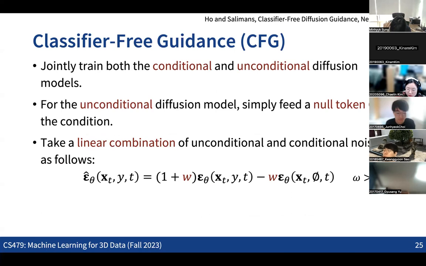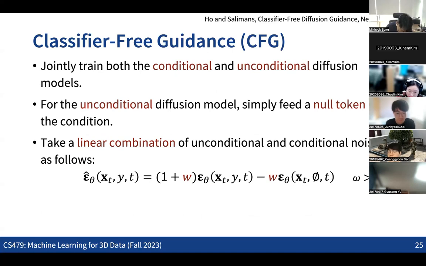Here, without any theoretical guarantee, what we want to do is jointly train both the conditional and the unconditional models.